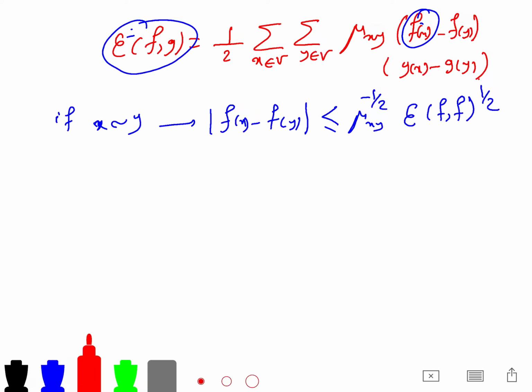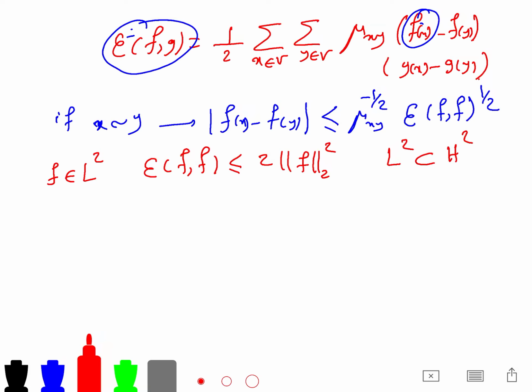But I want to say another proposition that says if f is in L2 and the energy between f and f is less than 2 times the L2 norm squared, in particular L2 is in H2, and you know when we say H, it is all functions that satisfy that the energy between f and f is finite.